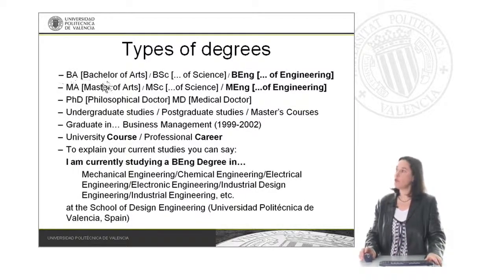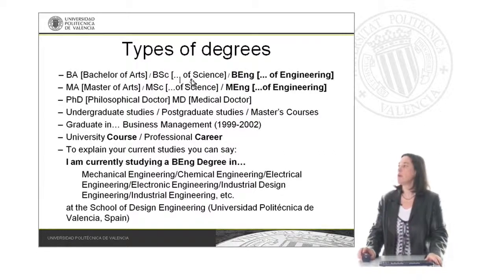BA stands for Bachelor of Arts. There's the parallel BSc and the parallel BEng. BSc standing for Bachelor of Science and BEng, Bachelor of Engineering. Now, I would suggest using the BEng degree to describe the degrees that are taken here at this university, the 4-year degrees, the 3 or 4-year degrees.